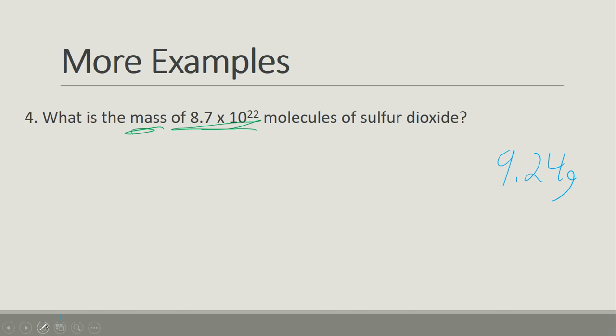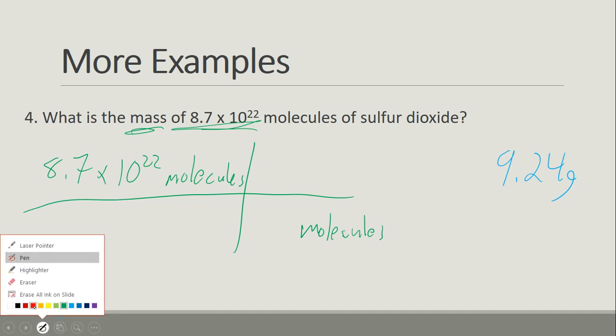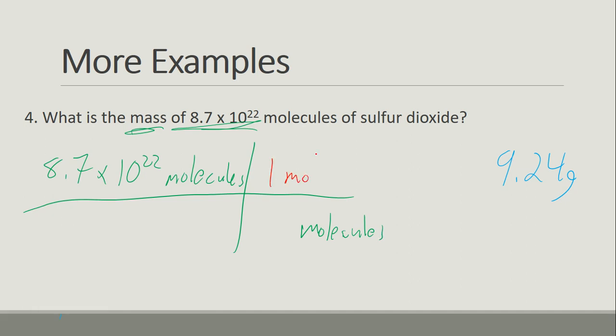If we start then with the 8.7 times 10 to the 22nd molecules, and then we want to go from molecules to moles, and that's 1 mole is 6.02 times 10 to the 23rd molecules.